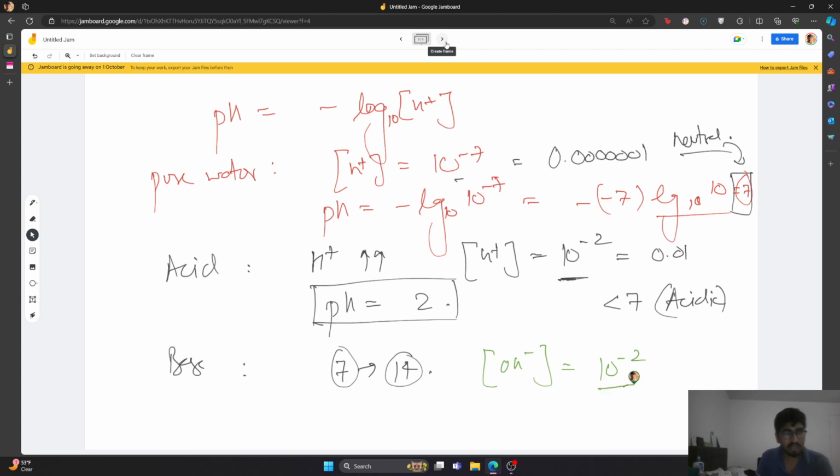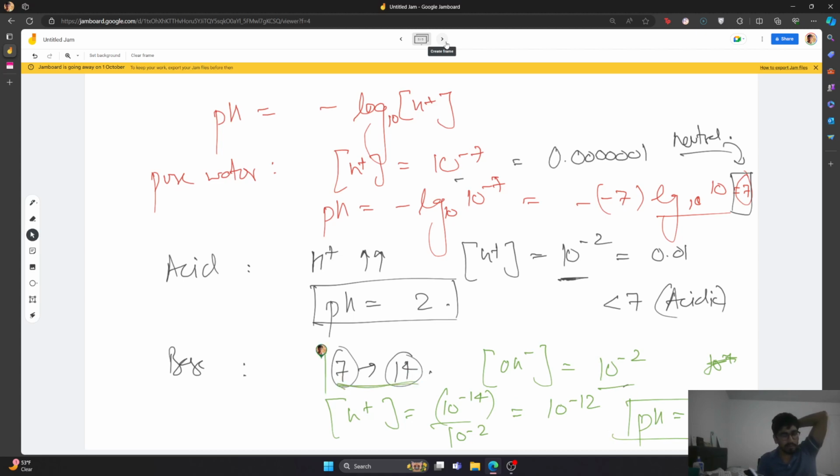The baseline we saw was 10 power minus 7, and this has risen. So correspondingly, you can calculate the H plus concentration. It will be 10 power minus 14 divided by 10 power minus 2, because the product of that is constant, which is this. So you get 10 power minus 12. Now if you calculate the pH, you get 12. So this is what we get from here, that from 7 to 14, this is basic.